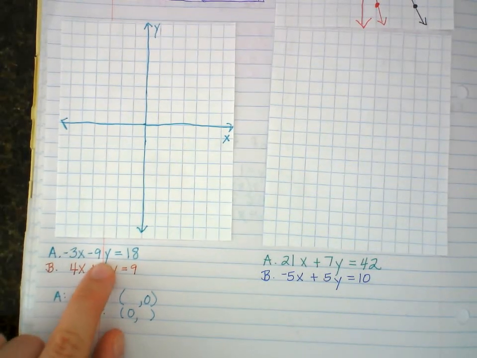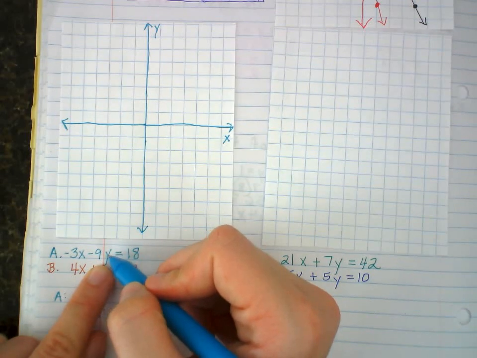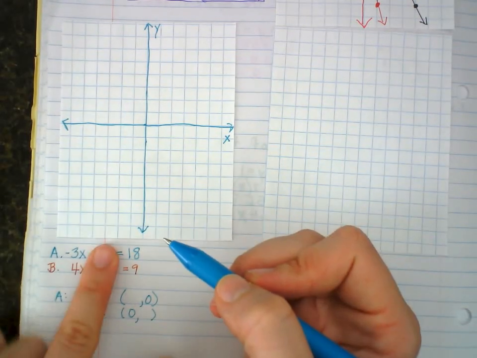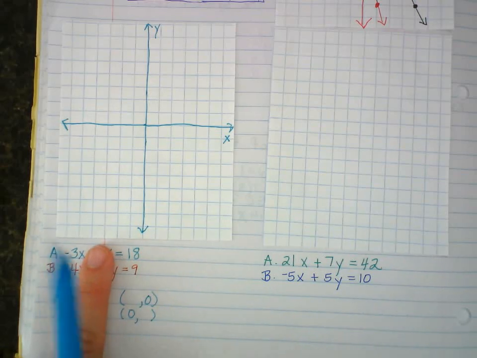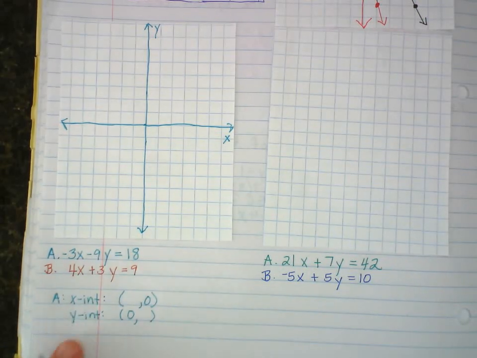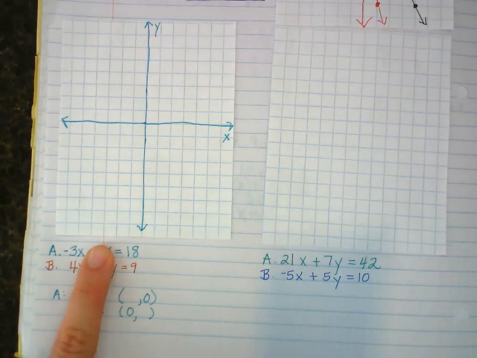So x-intercept is when your y is 0. If we plugged in 0 for y, negative 9 times 0 is 0. It goes away. That basically leaves us with negative 3x equals 18. When you're trying to find the x-intercept, just cover up the y, because y is 0.